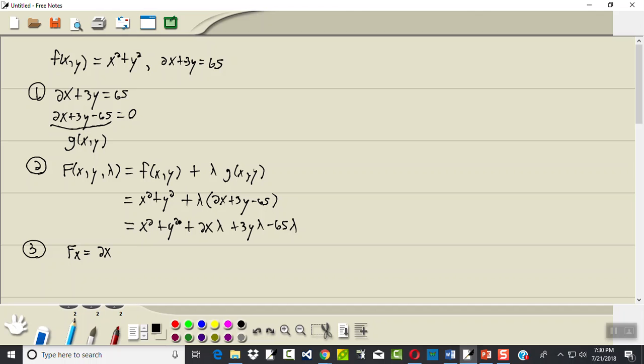This y is treated as a constant, and the derivative of a constant is 0, so it drops away. This one has an x, so 2 and lambda are both constants, so that becomes plus 2 lambda. The other terms do not have an x, so they drop away.